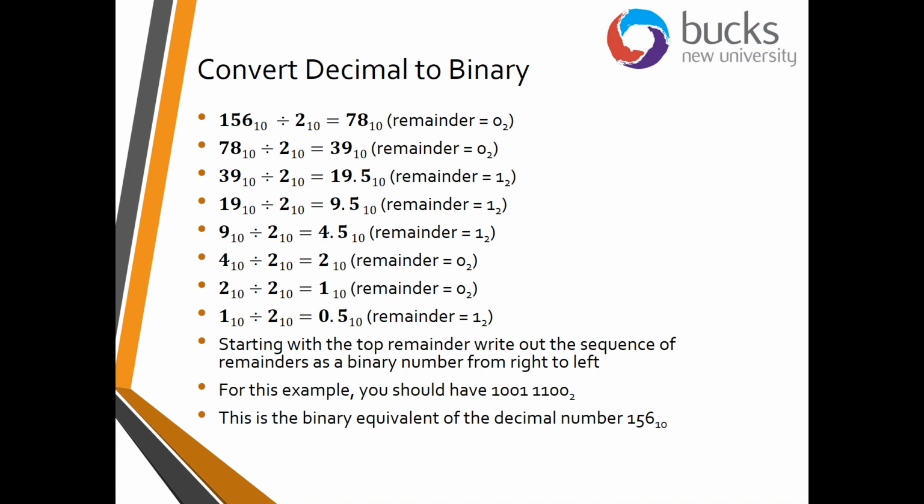And again, you could use positional notation to convert that back. So take the binary number that you've just generated and use positional notation to check that it actually is 156. Or you could use the doubling method, because you know both of those, to go back from the binary, just to double check that your conversion from the decimal to the binary is correct.